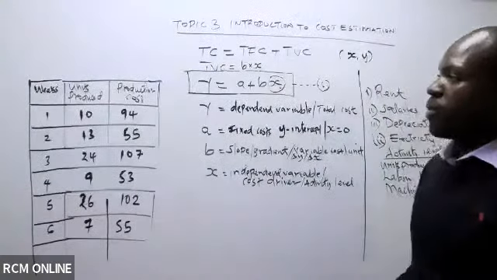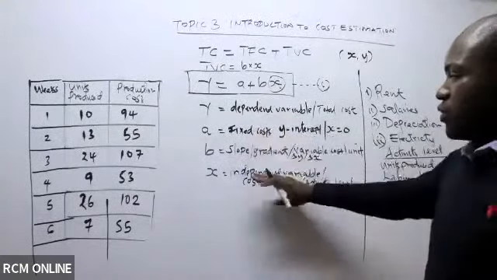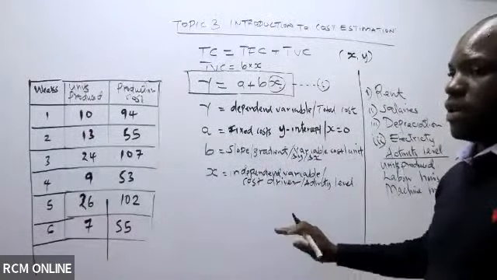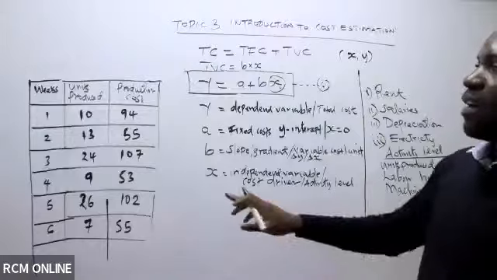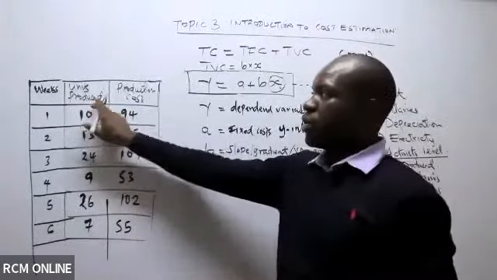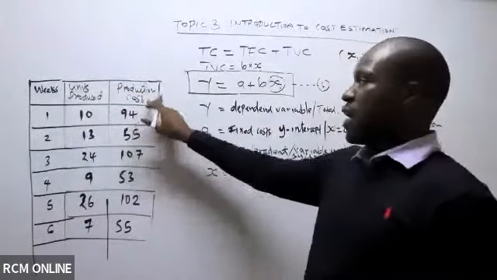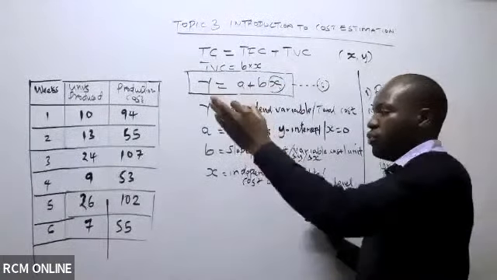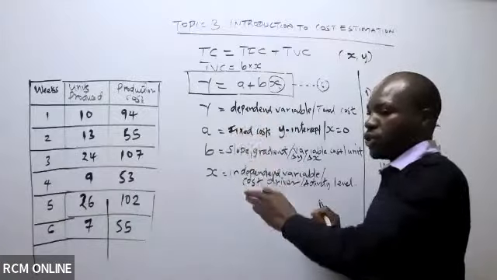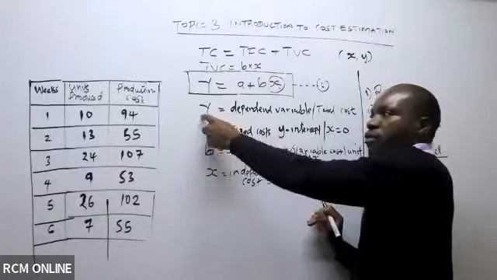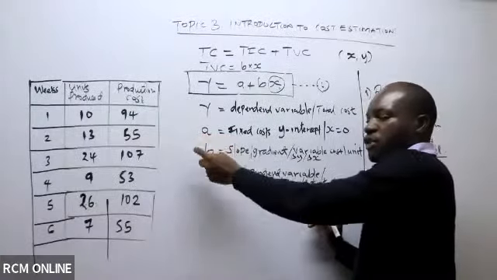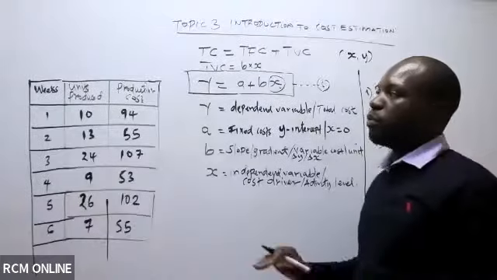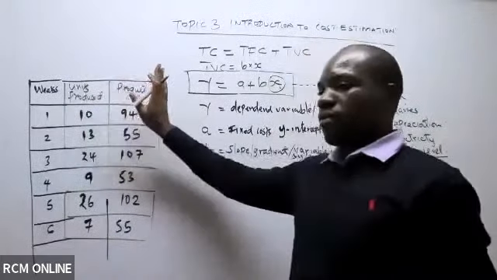Good. Now, in reference to what we've been able to discuss here, there is no provision in your workings that will be having units produced and production cost. Under my explanation here, we have not mentioned anything to do with the units produced and production cost. We've talked about Y, we've talked about A, we've talked about B and X. Are we able to replace these things here with X and Y?